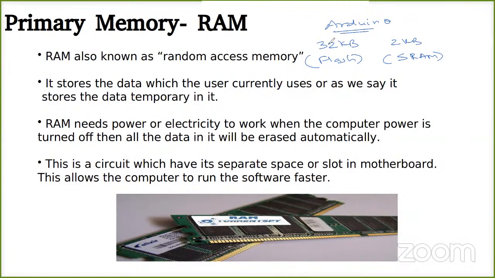Now, what will you store inside your 32 kilobytes of flash memory? Code, which is called your program or instructions. So code, program or instructions are stored inside your 32 kilobytes of flash.